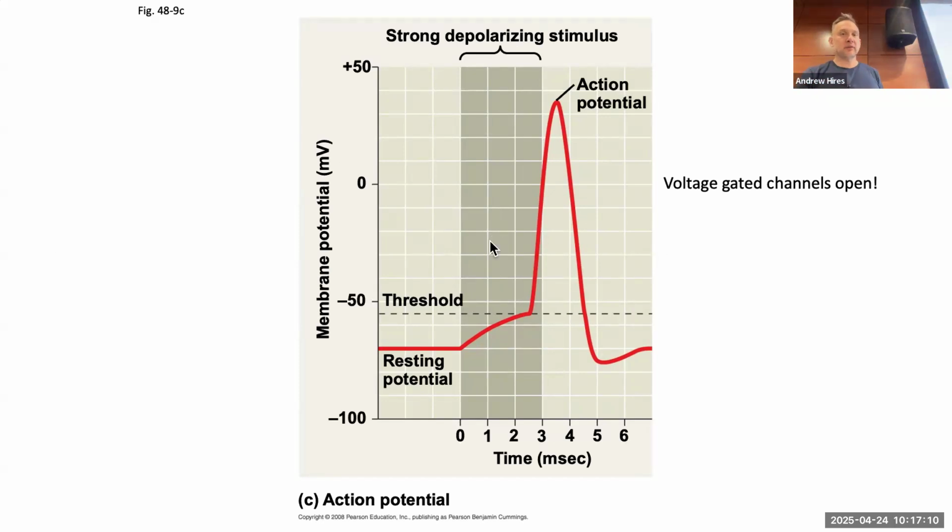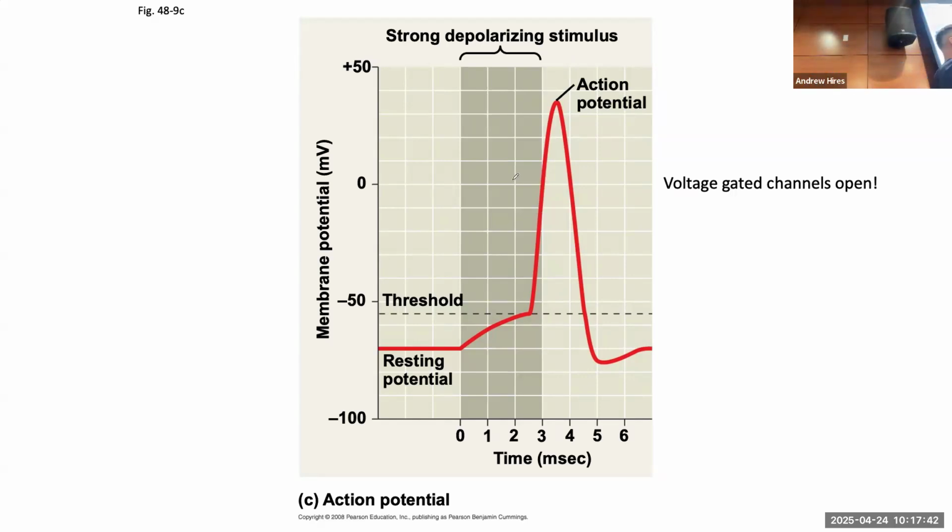When we get up to this threshold from enough ligand-gated channels opening up, all of a sudden our voltage-gated channels start opening up. That causes further depolarization, which causes further voltage-gated sodium channels to open up, and boom, we shoot up really close. We're well on our way to plus 62 millivolts within 100, 200 microseconds. Super fast.